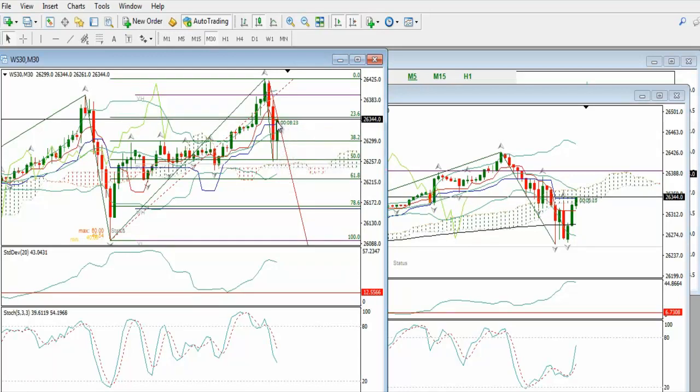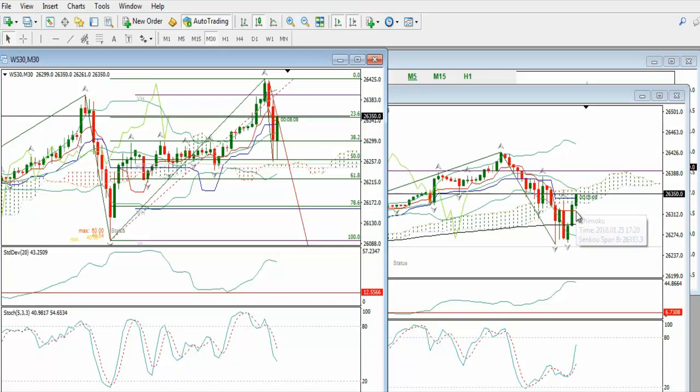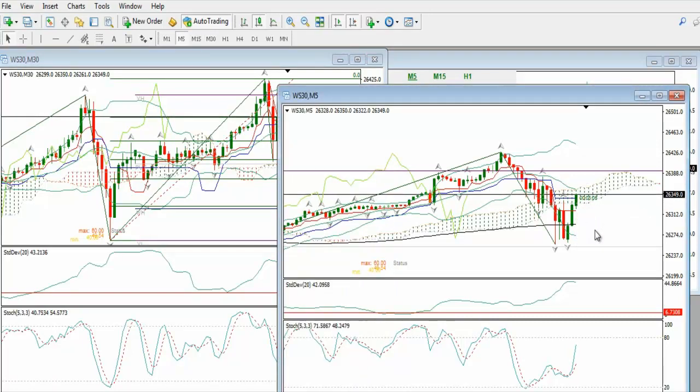In the 30 minute, we see that our price went above Kijun-sen, so we're now trying to think about long movements. And also right here, it's an interesting part. We could try that also. We see that it went above this fractal right here.